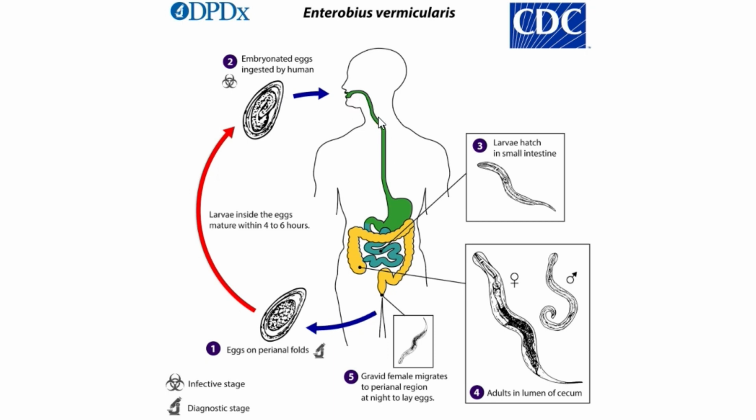And then, pag pumasok na sa katawan, male at female, magkakaroon ng babies. And then, si gravid female or yung buntis na babaeng parasite, lalabas po sa butas ng puwet para mag-lay ng eggs doon at night. And then, it takes around 4 to 6 hours. So, kinabukasan sa umaga, makikita po natin ngayon yung embryonated egg that can once again be ingested or inhaled by humans. And then, the cycle will just repeat, and repeat.